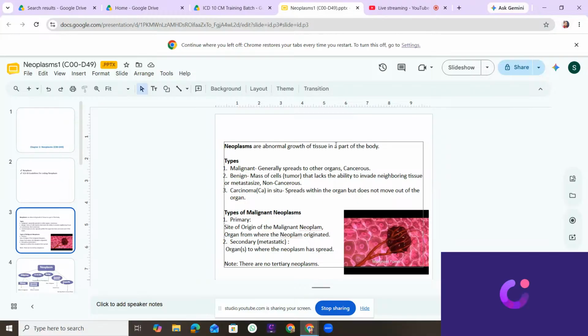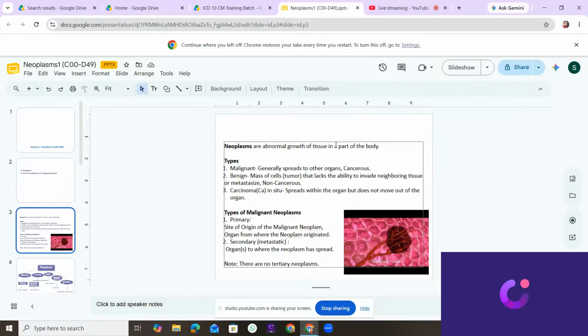If we are talking about the types, malignant generally spreads to other organs, or is a cancerous part. So you can check that scenario here.